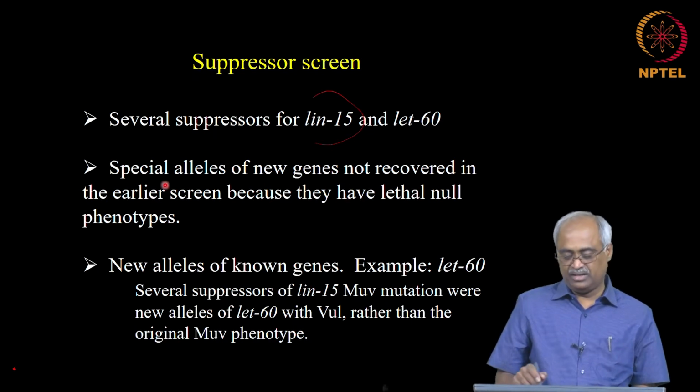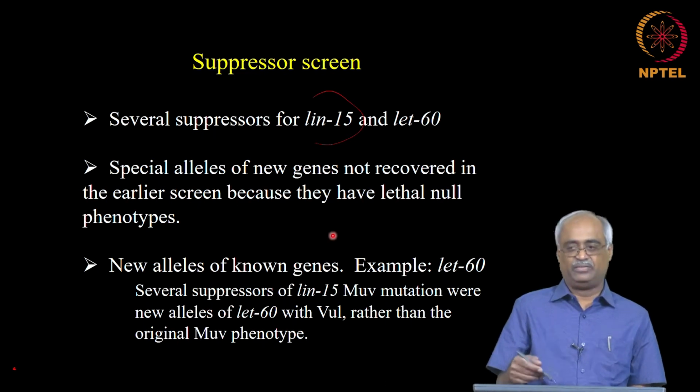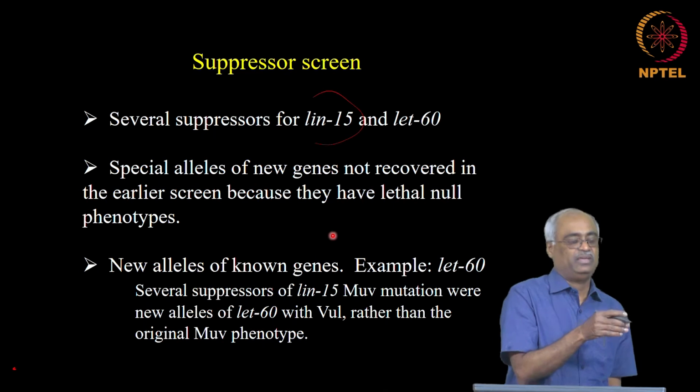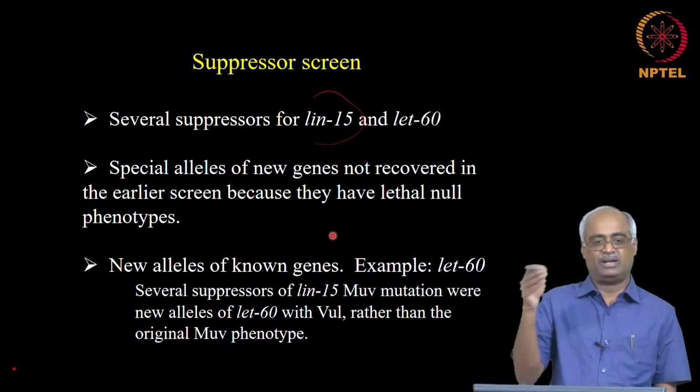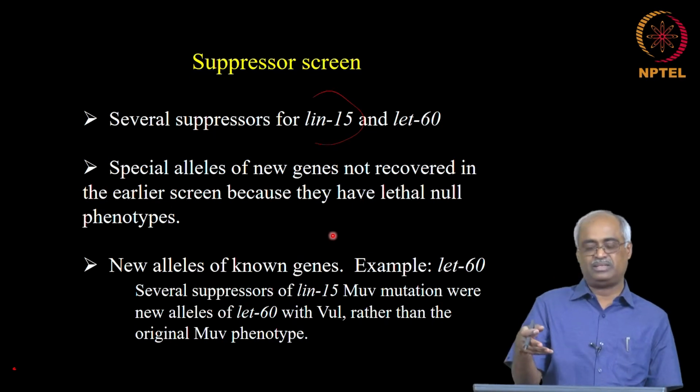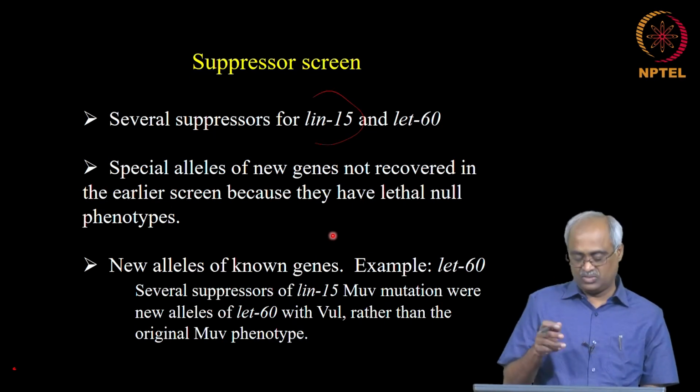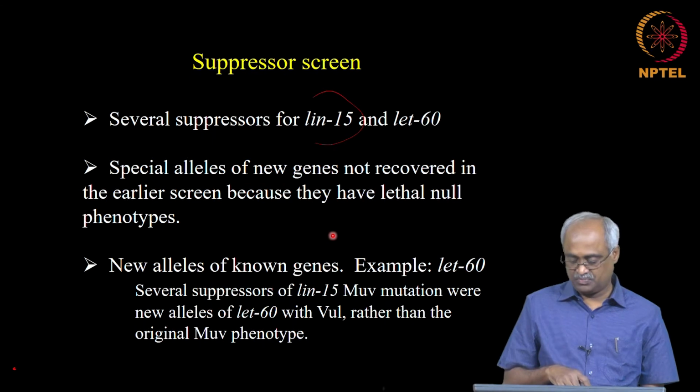So you find those kind of different alleles having different effects. You can easily imagine an amino acid substitution in one region versus another region might have different consequences on the protein function. So that is how you get partial loss of functions, and sometimes you get new alleles of known genes.